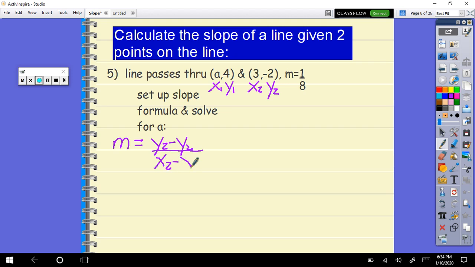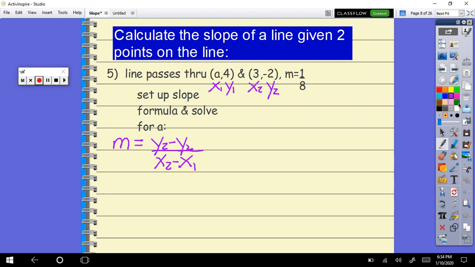The key here is to remember that formulas in algebra and geometry are always equations, and equations have to have equal signs and a left side and a right side. If you stick to that, you're not going to have a lot of trouble here.